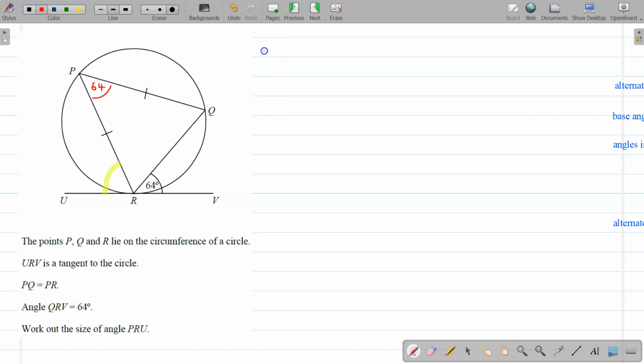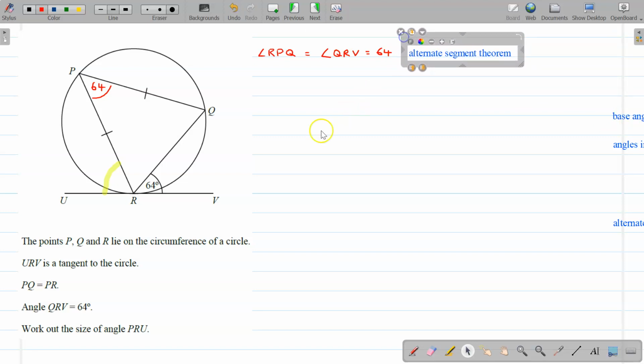So I'm going to say that angle RPQ, that's the one I've just written in, is equal to angle QRV, and the reason that that's equal, and they're both equal to 64, is because of the alternate segment theorem.